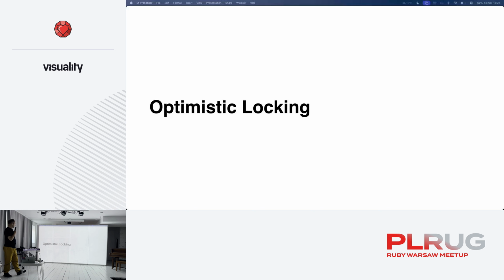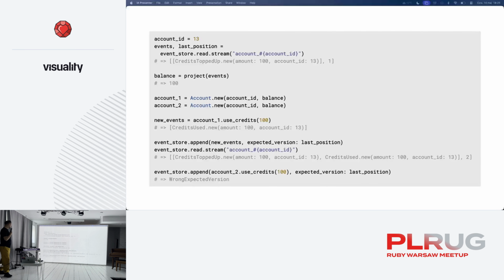Finally, there's a thing we have to say a word about: optimistic locking. It's a technique that gives us consistency in concurrent operations, when we have multiple such accounts being used at the same time. I'm not sure if you see it correctly, but in this example we have two instances of the very same account, related to the same account ID.